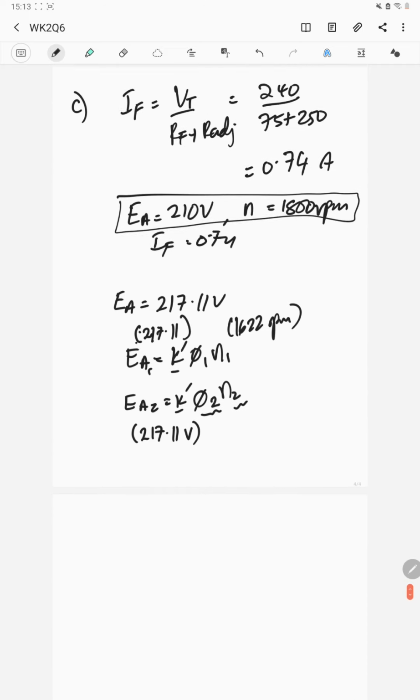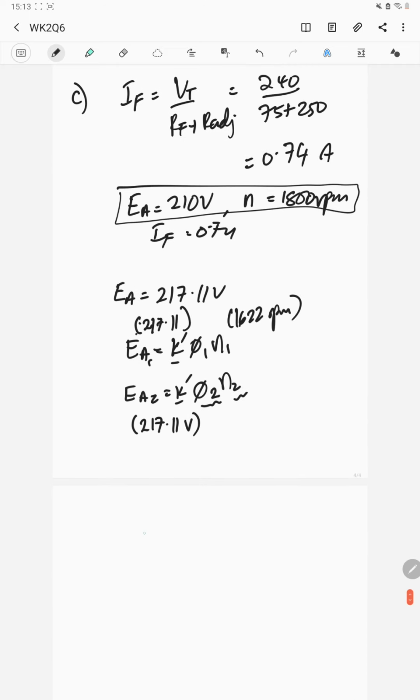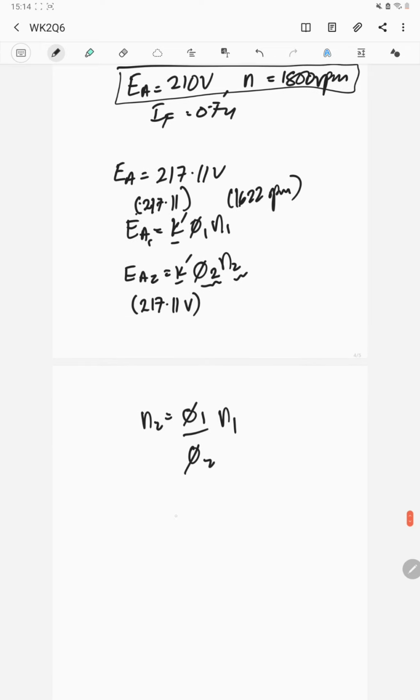Since EA is the same, N2 is phi 1 over phi 2 times N1.